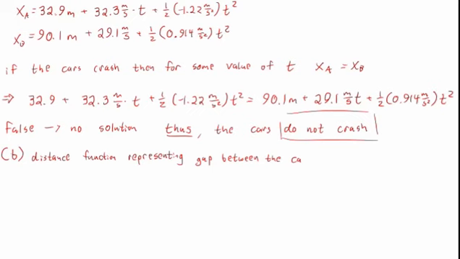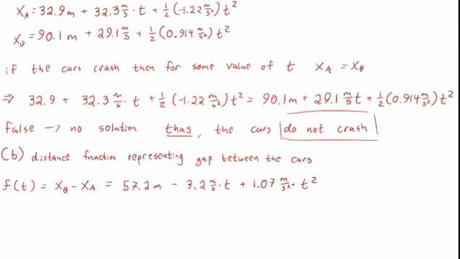Okay. And I'll call that just f of t, and it's going to be x_B minus x_A. Okay. So obviously x_B is in front. And so then we can actually take those values. We can then just combine all of our like terms. Okay. So let's do that.